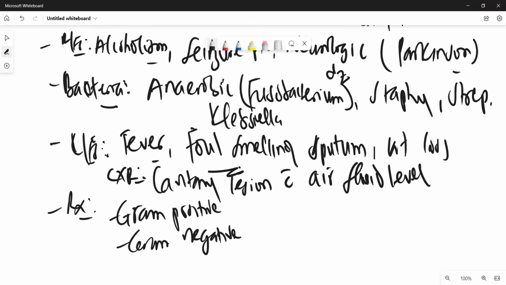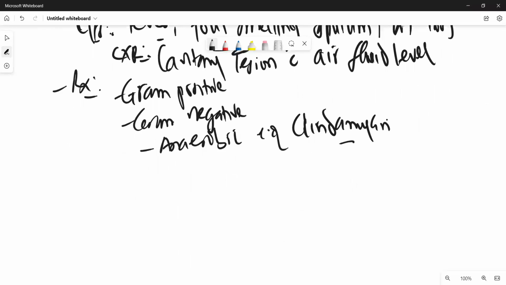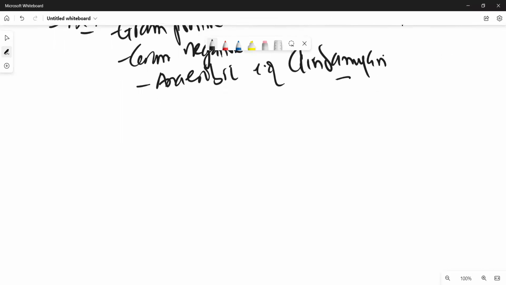And then most importantly, you want to cover them for anaerobes, for example with something like clindamycin, which will help cover the anaerobes. So that's lung abscess. And when we get to respiratory system, we're going to go into details with lung abscess, and we're going to talk in detail about the antibiotics. So that's one of the examples of liquefactive necrosis.